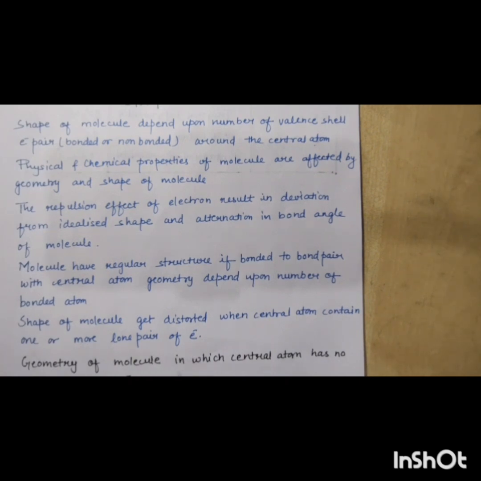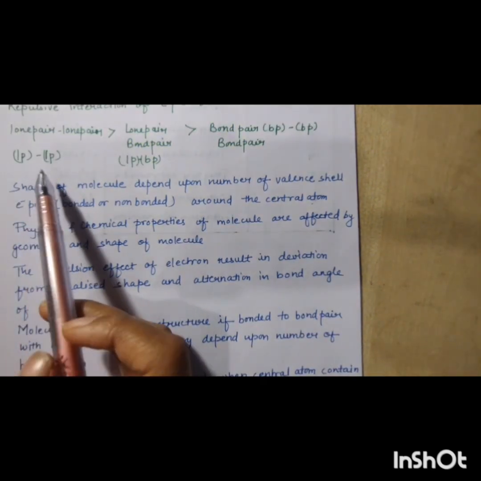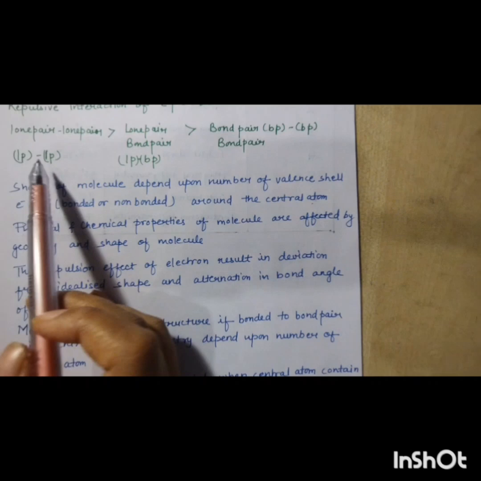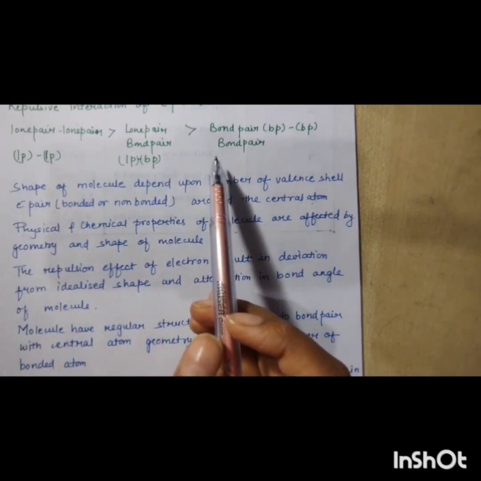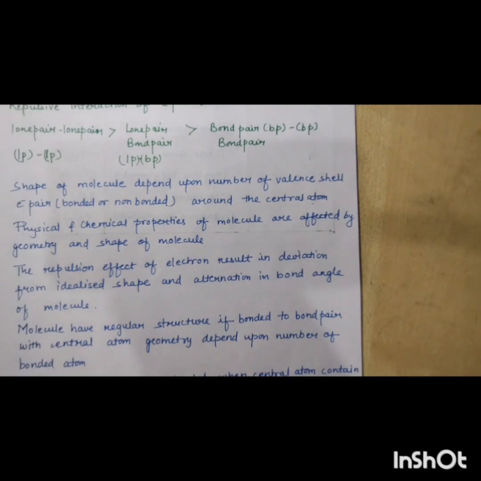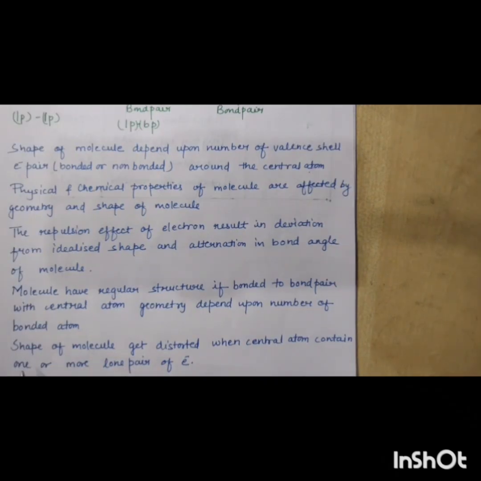As we have discussed, because of lone pairs there is maximum distortion in the molecule compared to bond pairs. So because of lone pairs, the shape of the molecule gets distorted when the central atom contains one or more lone pairs.